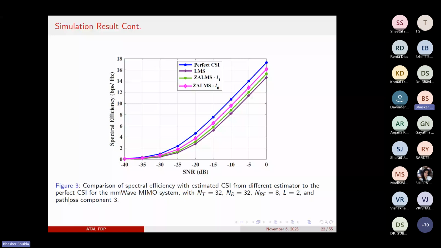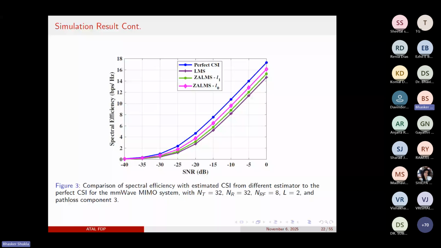And on the basis of the estimators, here is the spectral efficiency versus SNR plot. From the plot, we can see that for the perfect CSI, the spectral efficiency increases as SNR increases. So here the pink color is corresponding to the estimator ZLMS L0.